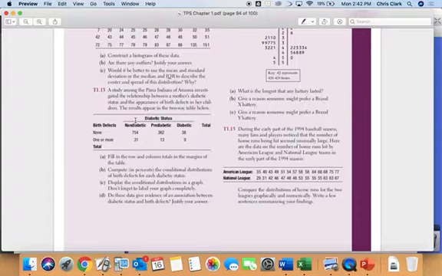Next one, talking about the relationship between diabetic status and birth defects. Part A, it says fill in the row and column totals. That's pretty easy. We're just adding across. And then compute the conditional distribution of birth defects for each diabetic status.